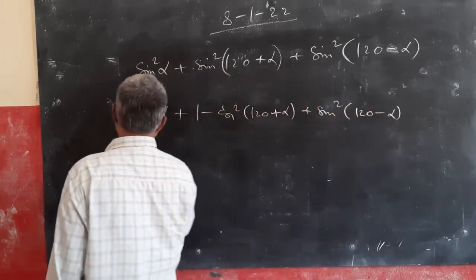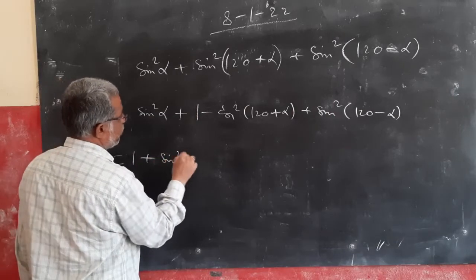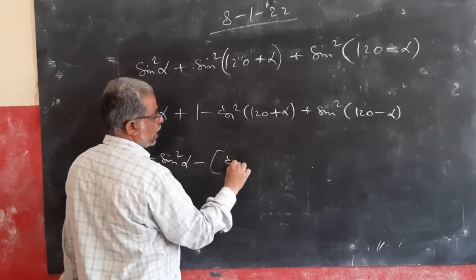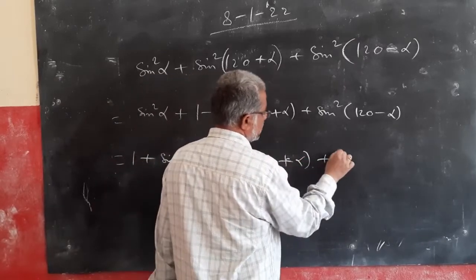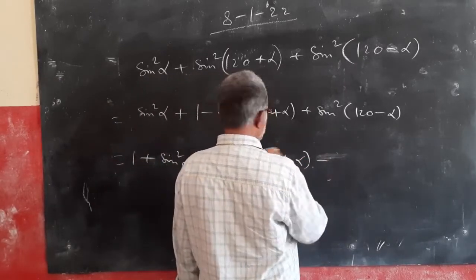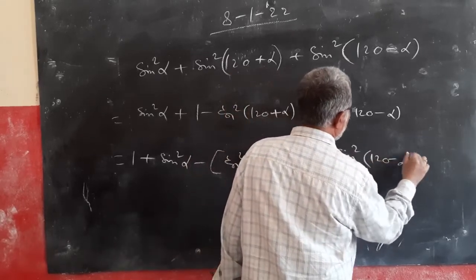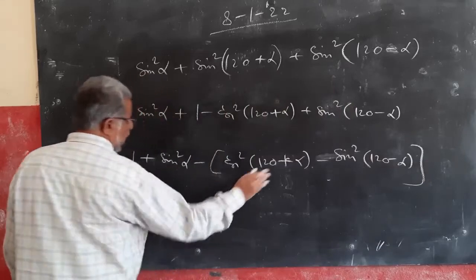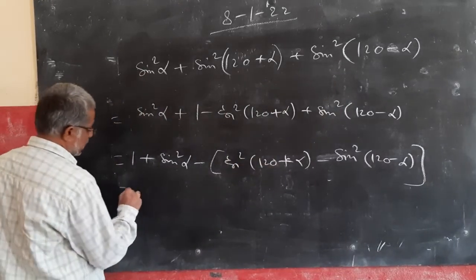Now if I take minus common from these two, this one I will write in the beginning: 1 plus sin square alpha minus cos square of 120 plus alpha, minus sin square of 120 minus alpha. Now cos square a minus sin square b is nothing but cos a plus b into cos a minus b.